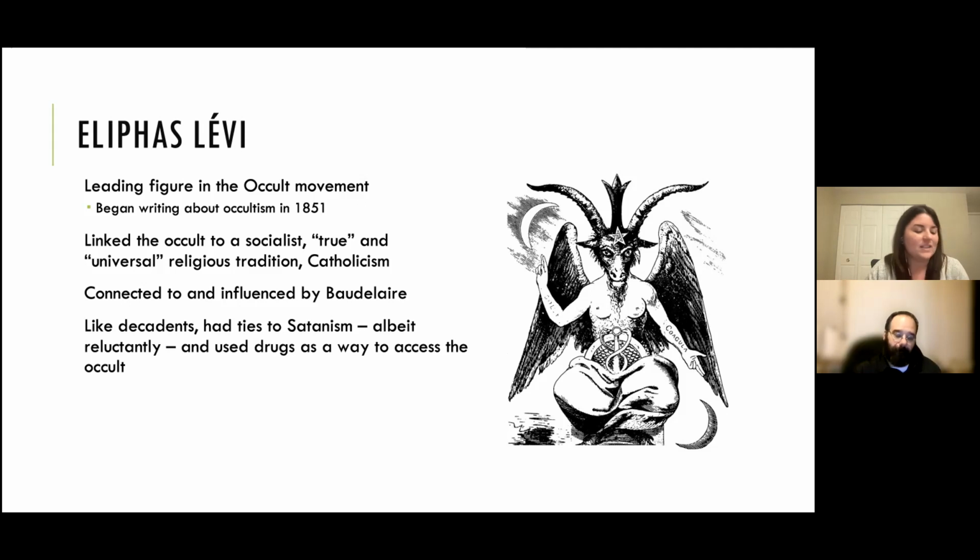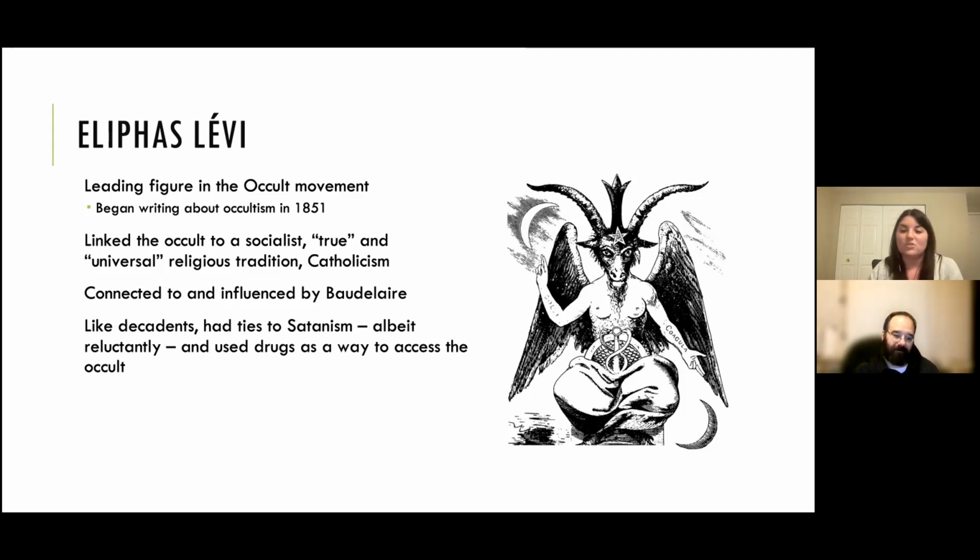So like the decadents, Levi also had ties to Satanism, although kind of reluctantly. He was criticized by Catholic demonologists for communicating with demons. But he just countered these critical Catholic demonologists with a complete denial of the devil altogether.